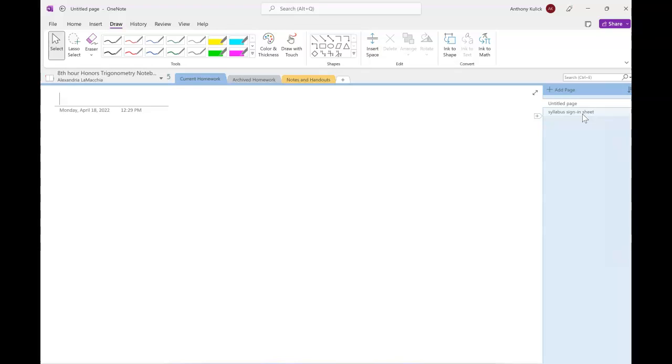Not an unreasonable estimate. Is there a way to make that go faster, make sure that that has actually happened? So the way to do that, you can force your OneNote to sync. The easiest way to do that is if you go to where it says 8th hour trigonometry notebook and you right-click. You can pick sync this notebook now. And you'll see this little green circle here that's on the book.